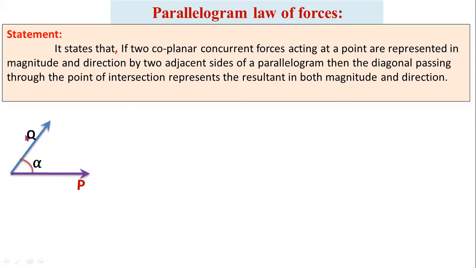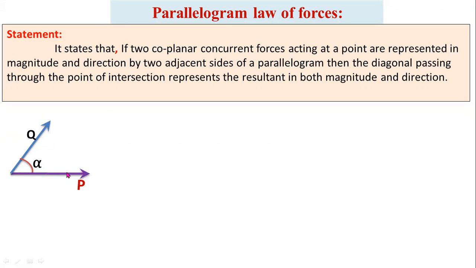Here P and Q are the two forces. Alpha is the angle between the two forces. I want to determine the resultant of these two forces. For determining the resultant, we can use many methods.